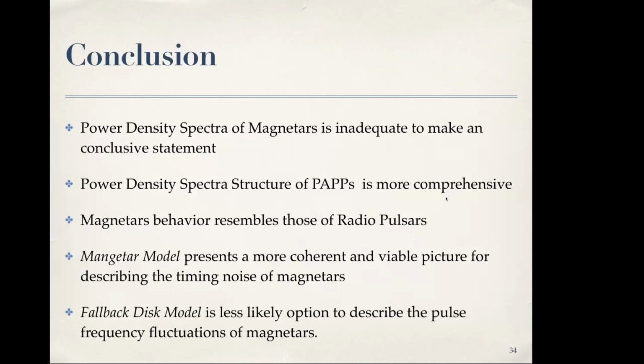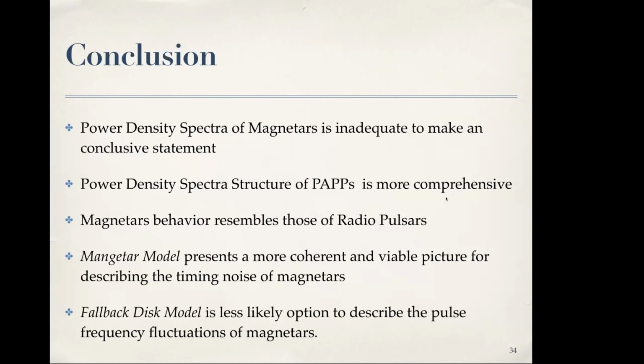Here is the conclusion. We can conclude the power density spectra of magnetars is inadequate to make a conclusive statement, and that the power density spectra structure of accretion powered pulsars is more comprehensive. Overall, we can say that magnetars' behavior resembles that of the radio pulsars, only that they are noisier compared to them.